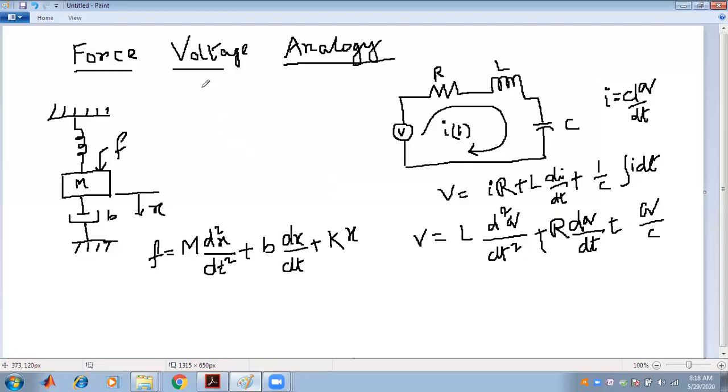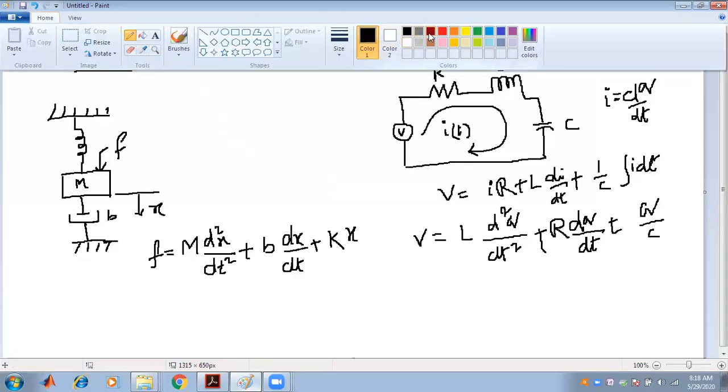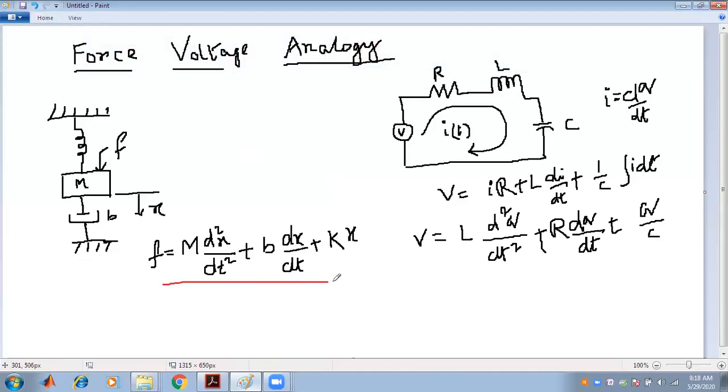So now I am comparing those two equations, this one with that one. In the force voltage analogy, there is a vice versa case, meaning we are converting force to voltage or voltage to force. In this force voltage analogy, the mass is equivalent to the inductor.